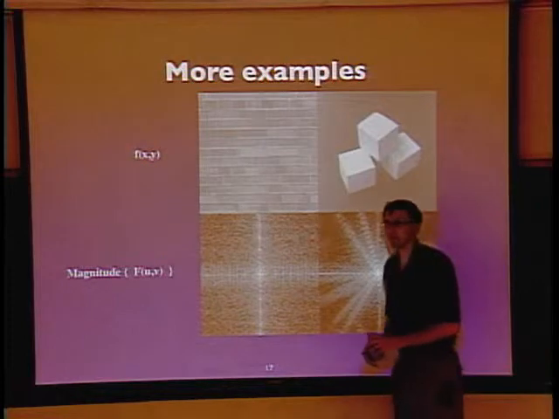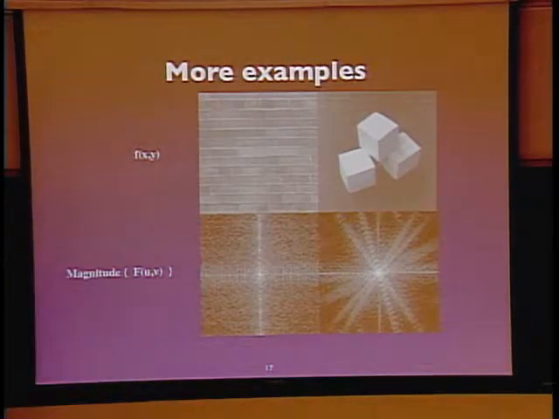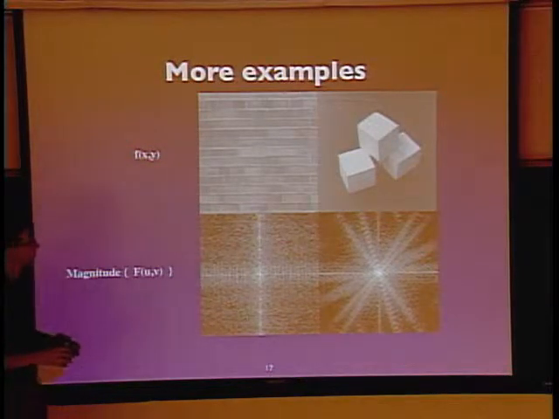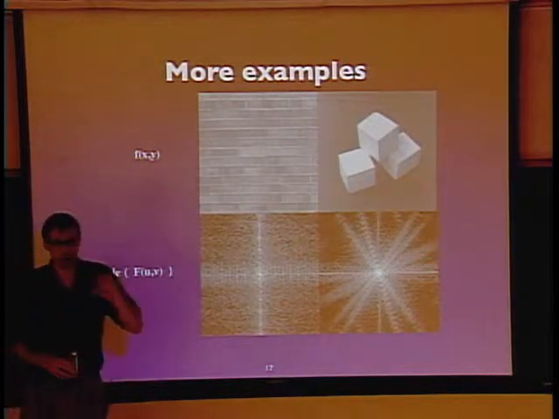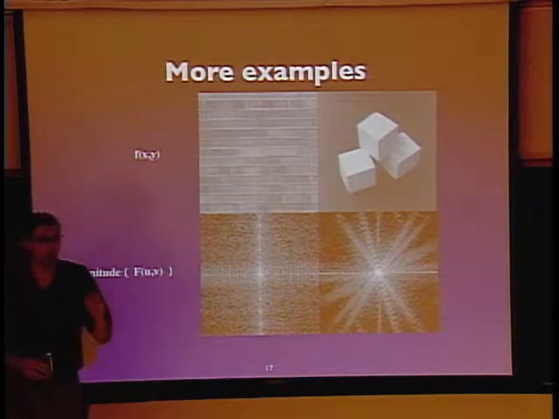So, one puzzle for you all. It's not much of a puzzle because I'm about to tell you the answer, but can anyone tell me why the Fourier transform of the blocks, or sugar cubes, or whatever they are, has that stripy stuff coming out of it? Yeah?